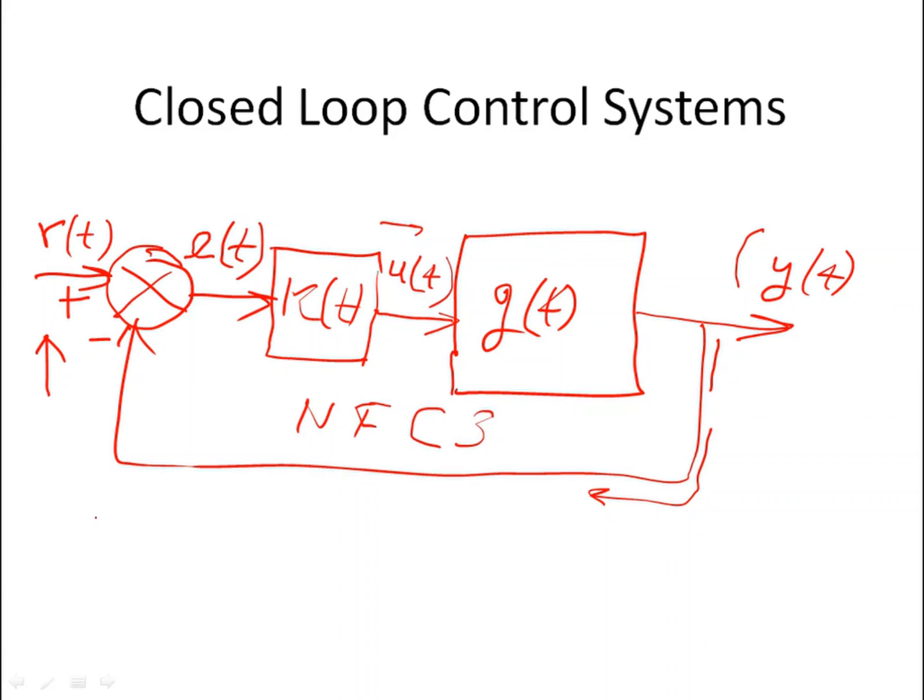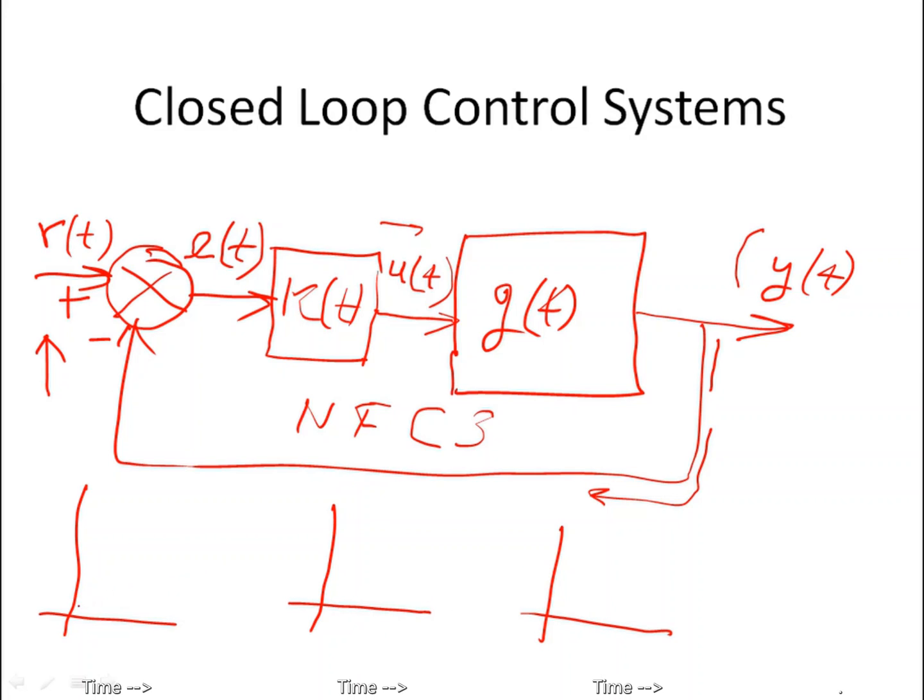Here you will see that the reference input, the error signal and output vary in a specific way. Initially, when I am giving some input, this is the reference input, this is the error signal, and here you can see the output. Whenever you are giving the reference input, initially it is 0, so everywhere you will see 0.